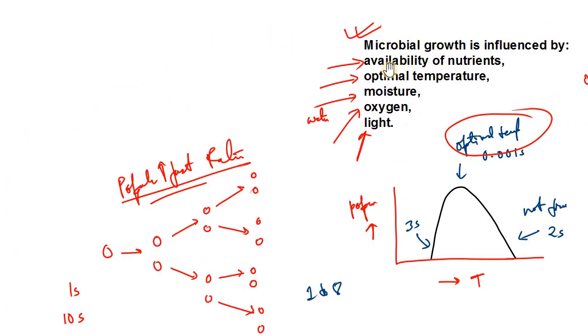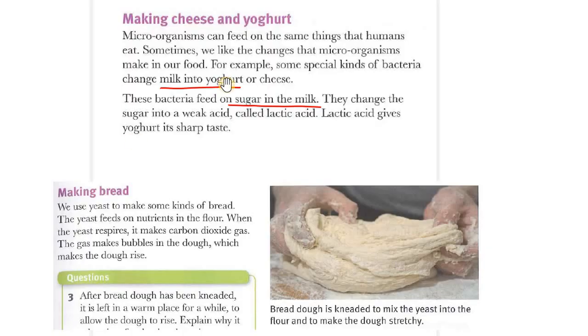Here we have given the lactobacillus availability of nutrient, no light, no sound, perfect conditions. We have given lots of available nutrients in the milk. What they feed on is the sugar in the milk, and they change the sugar into a weak acid called lactic acid, and during this conversion we get the curd as a result. Remember, the sharp taste of the yogurt is due to the lactic acid.